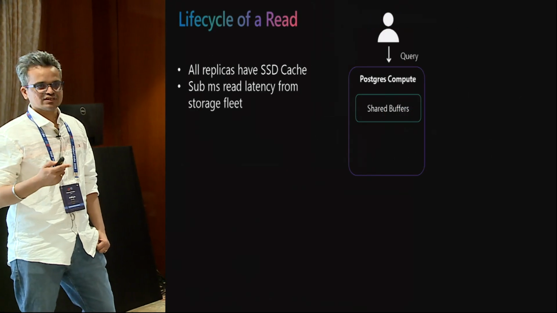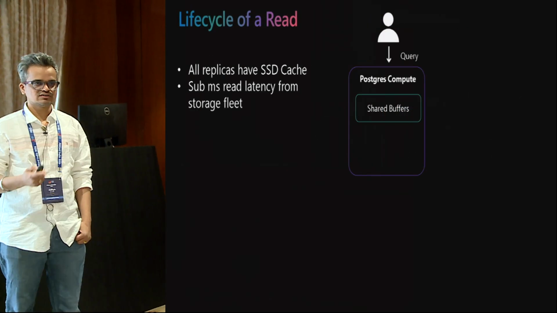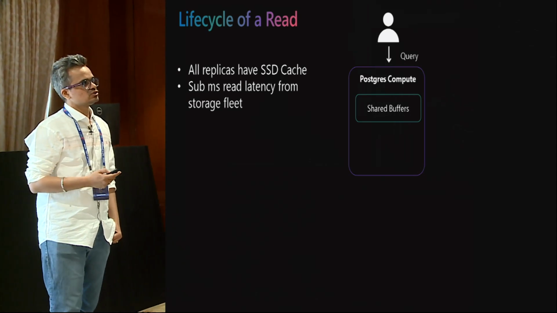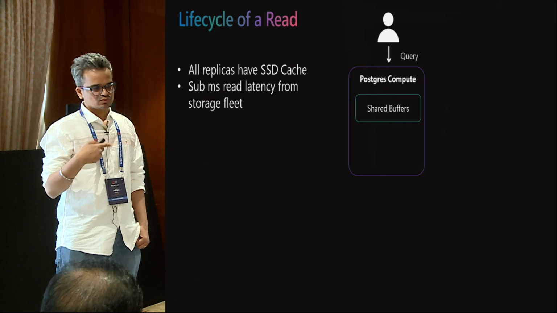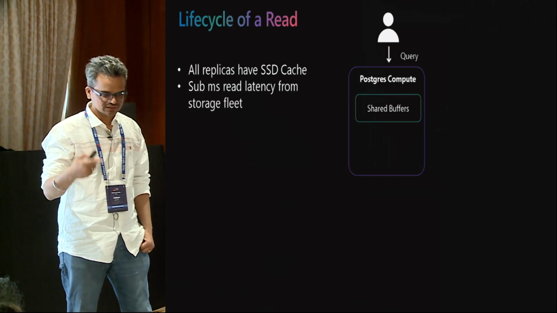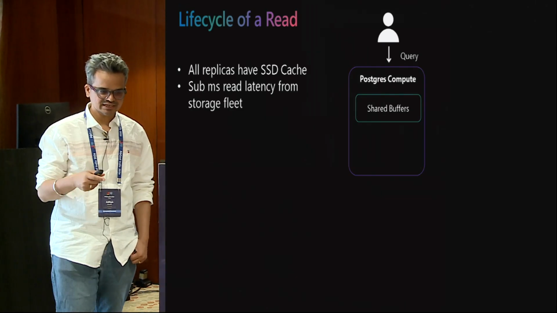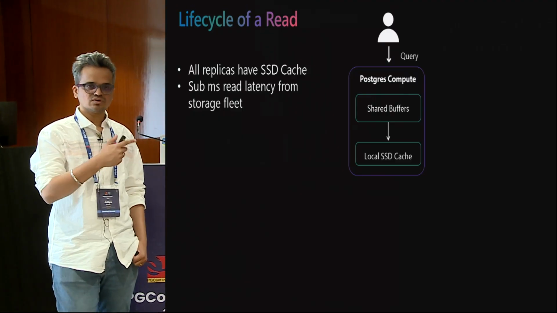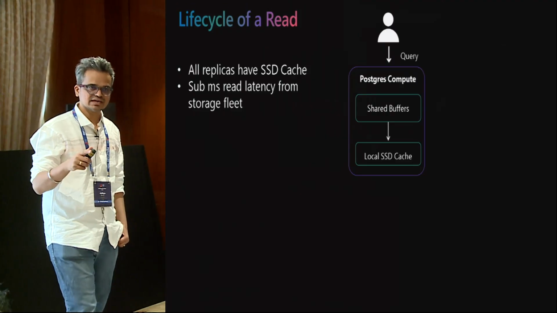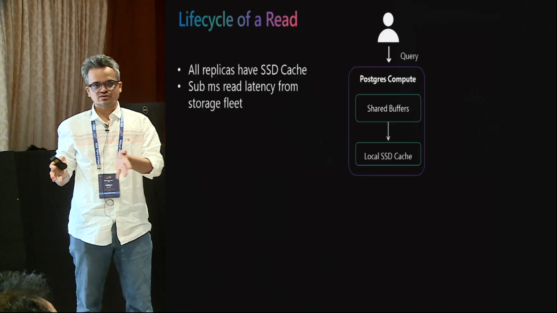Let's understand the life cycle of a read in Azure HorizonDB. In PostgreSQL, when you start reading data, first it checks whether the data is present in the shared buffer. If not, it goes to the local SSD cache and checks again.